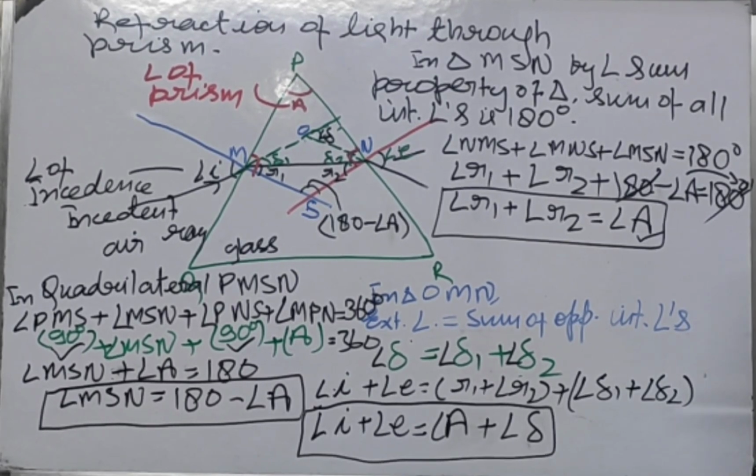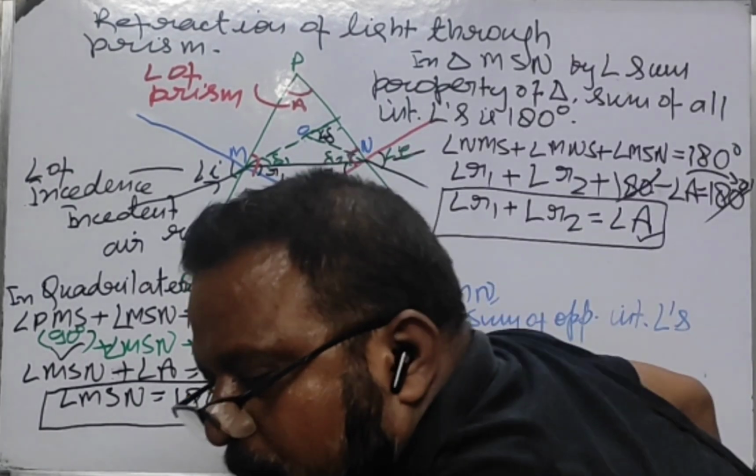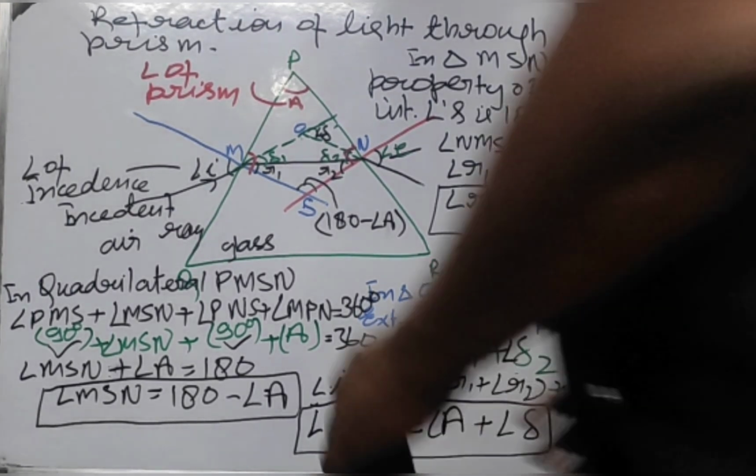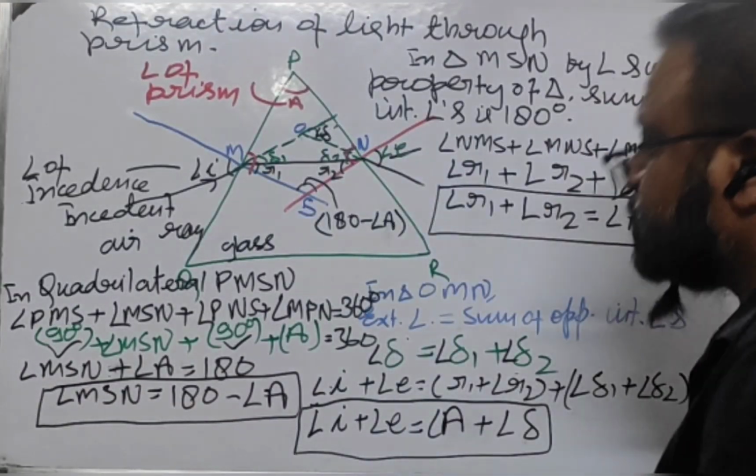You have written? Okay. You have to keep in mind that angle of incidence plus angle of emergence is equal to angle of prism plus angle of deviation, right? Now, should I rub this?